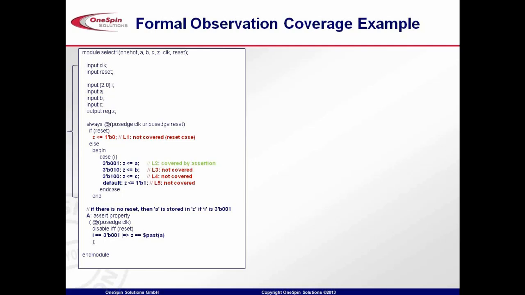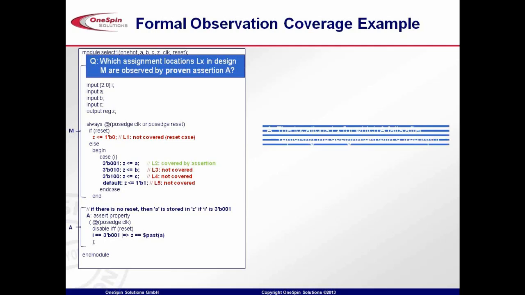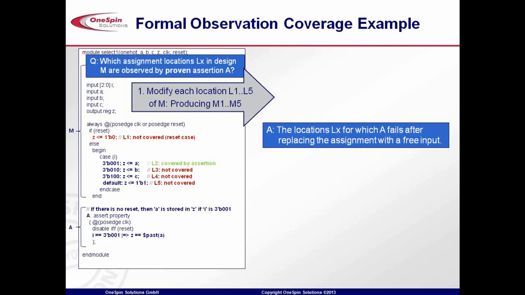How do we do that? We first split into a module and the assertion set, and then we ask ourselves which assignments in the design are observed. For that purpose, the answer is simple. If the assertion fails after the mutation, we know that we've been there and that we did something. So we modify each location and we get something like this.